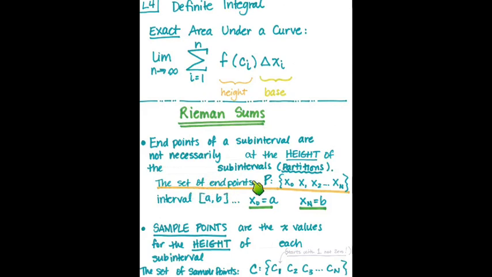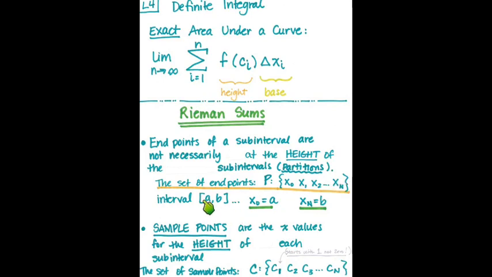The endpoints will be called the set P. You always have that starting endpoint, which would be the first side of the first rectangle, and then the second one, so this would create your first rectangle from x sub 0 to x sub 1, and then from x sub 1 to x sub 2, this would create the second rectangle of some width, etc., all the way until you have n endpoints from the very start at 0 all the way to infinitely many endpoints.